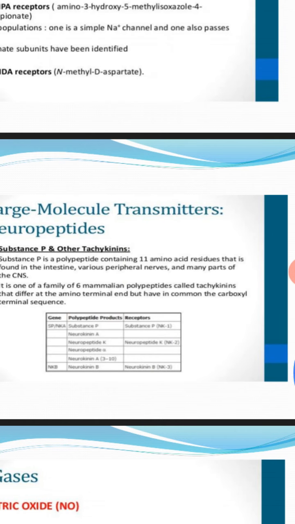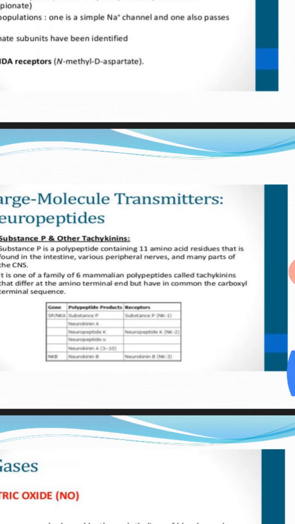Now one is nitric oxide, which, though gaseous, is a neurotransmitter. It is a compound released by the endothelium of blood vessels and is also produced in the brain. It is synthesized from arginine by a catalyzed reaction, in the brain by one of 3 forms of NO synthase, which requires NADPH.